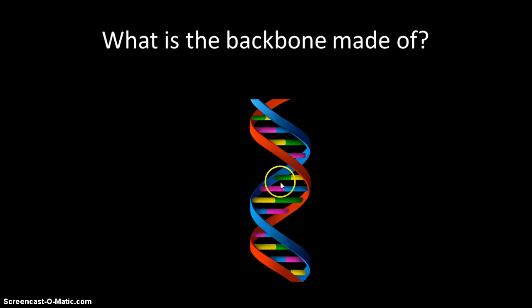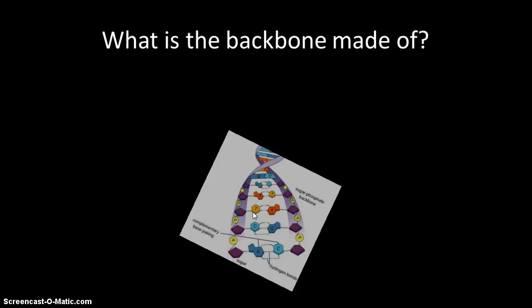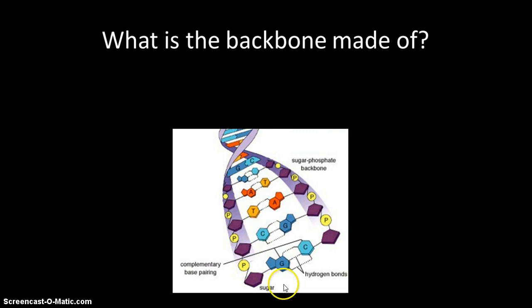We said earlier that these are the backbone and these are the bases. If you look at the structure of your nucleotide again, you should have sketched a picture earlier. The bases are this part right here, and the sugar and phosphate make up the backbone. So here's a model that shows you more specifically what DNA looks like.